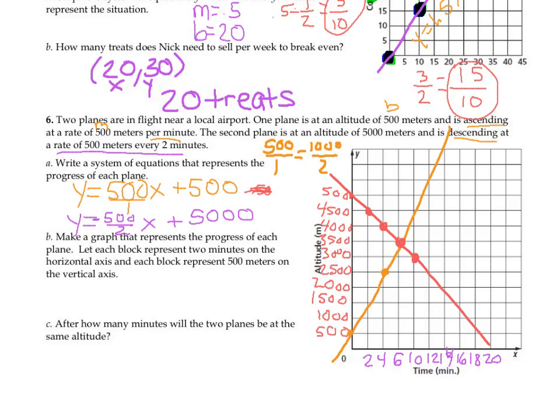So part C asks us, after how many minutes will the two planes be at the same altitude? So before we do that, we can just label our two lines on our graph.